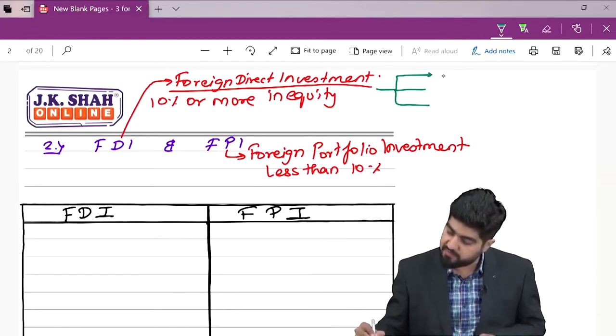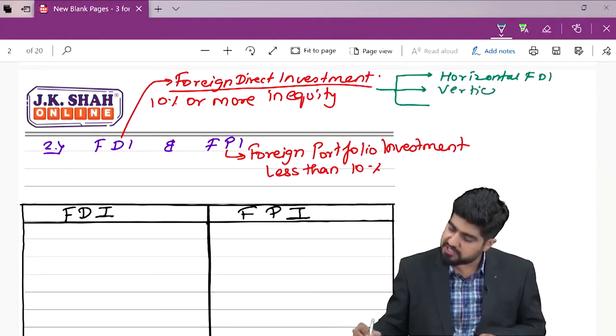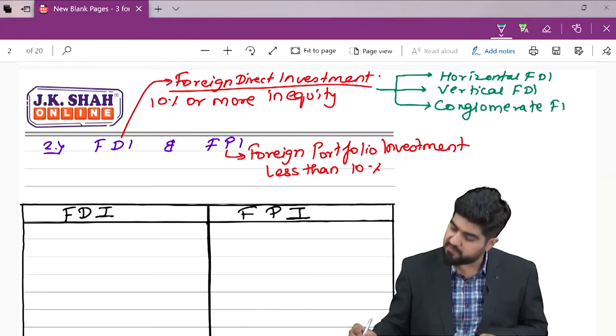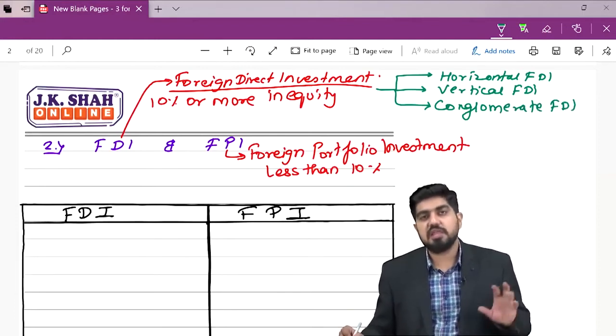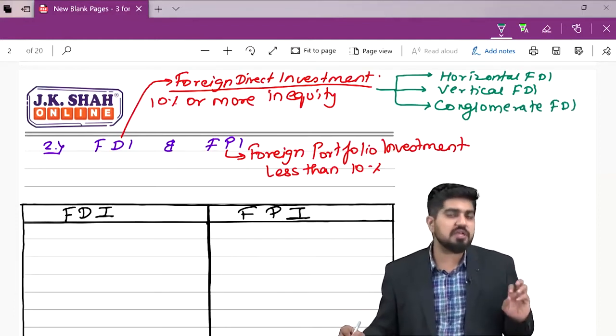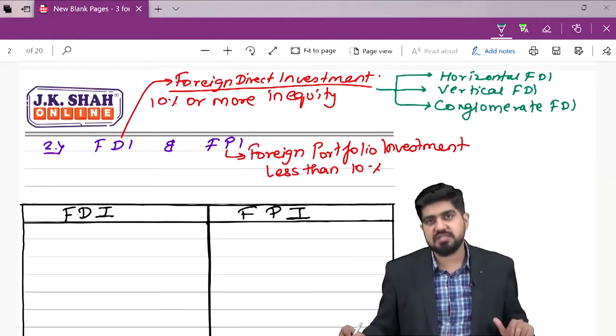Number one we have is horizontal FDI. Second one is called vertical FDI. Third one is called conglomerate FDI. Now horizontal FDI means, let's suppose there is one company in United States producing cars.